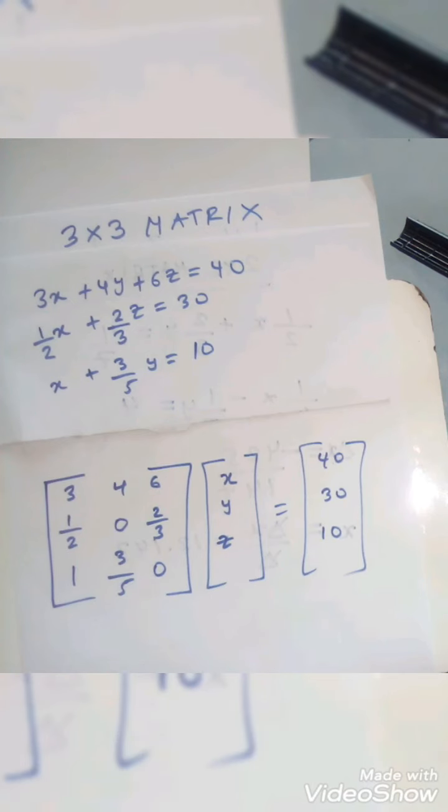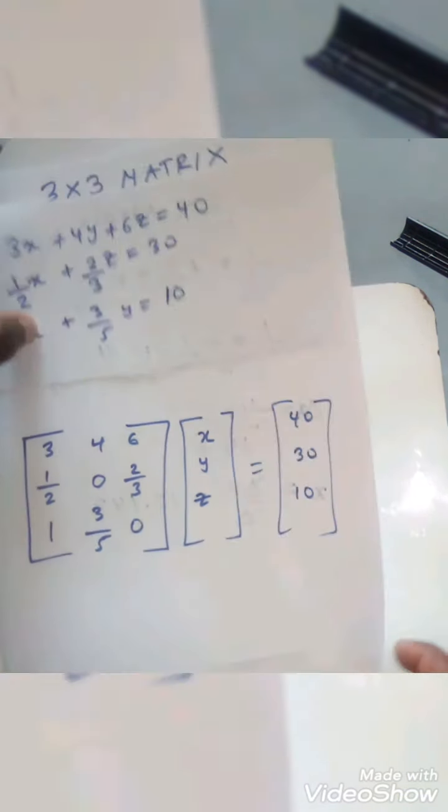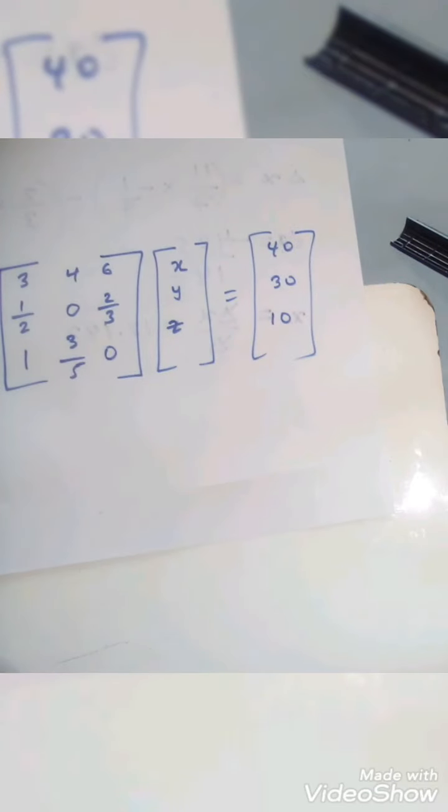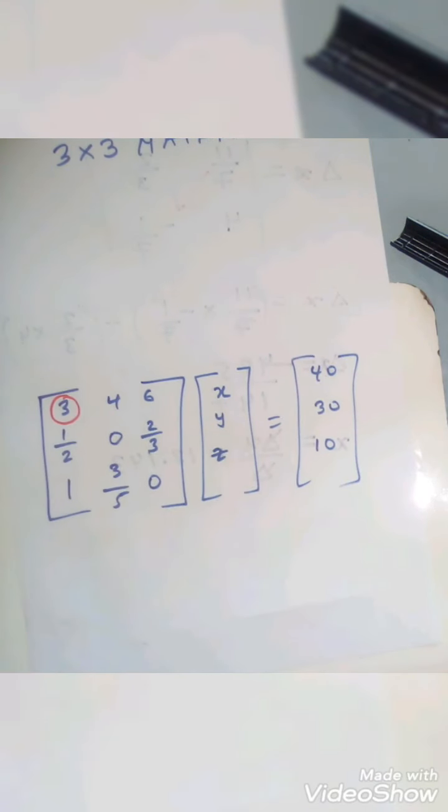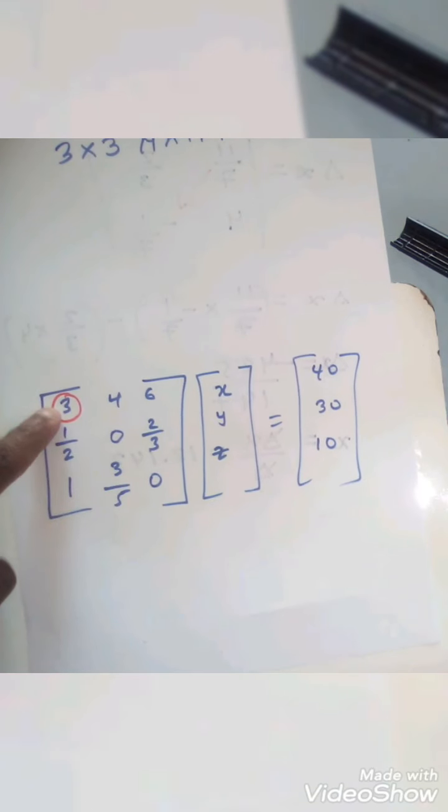Now, how do you then get the determinant of this matrix? Well, the determinant of this matrix is, we get it in this manner here. So these 3 on the first column, the first value of the first column is going to be our factor.